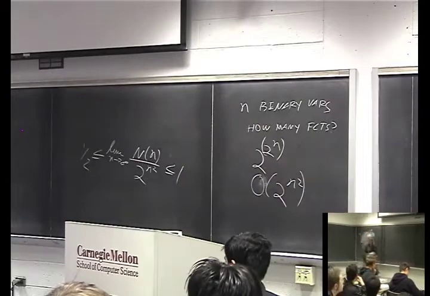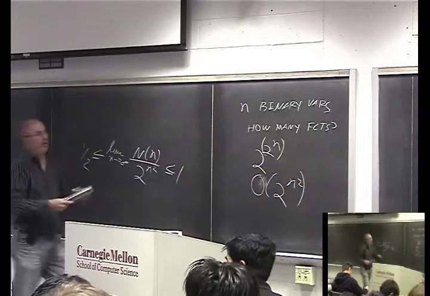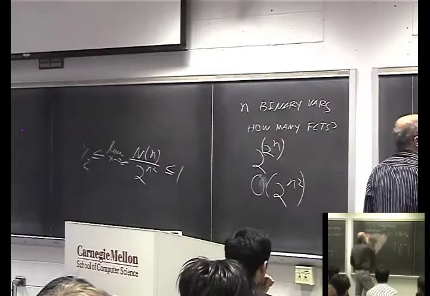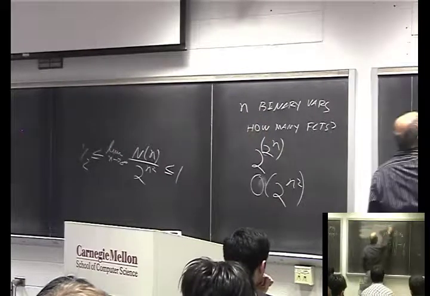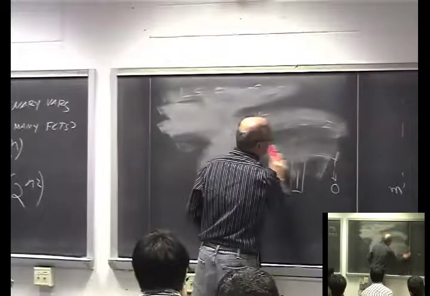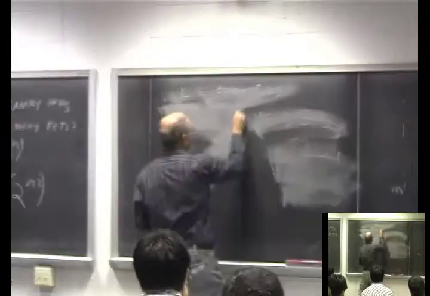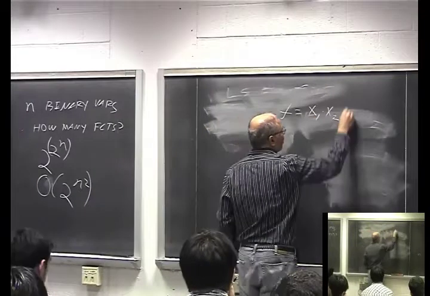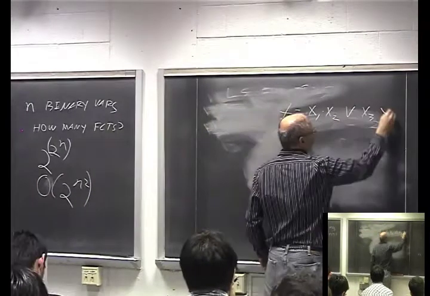And once I give it to you, you will see very clearly, very easily, why it is not linearly separable. And the function is very simple. It's x1 and x2, or x3 and x4.